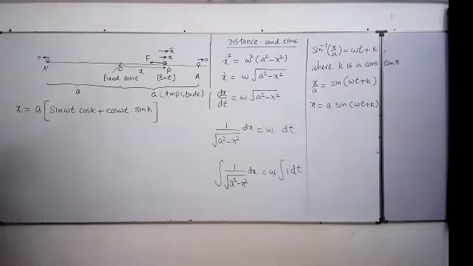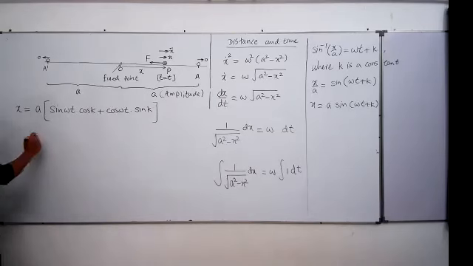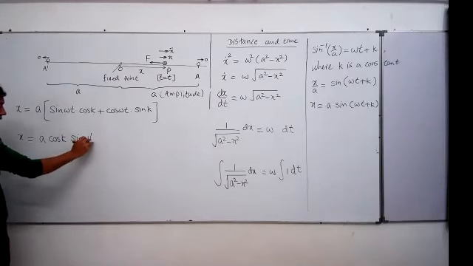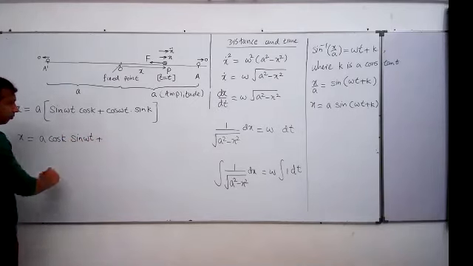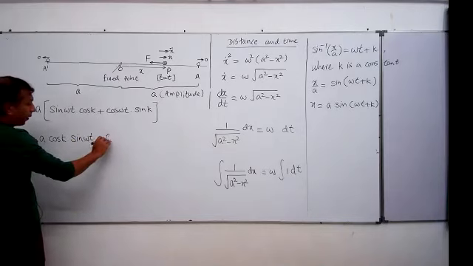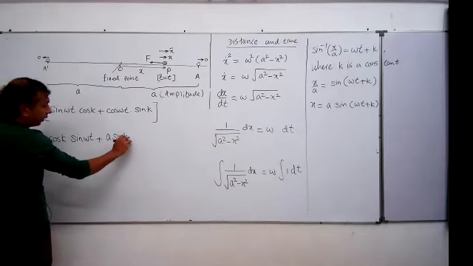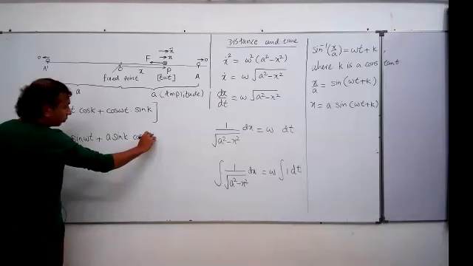Sine a cos b plus cos a sine b. So a cos k times sine omega t, plus a sine k times cos omega t.